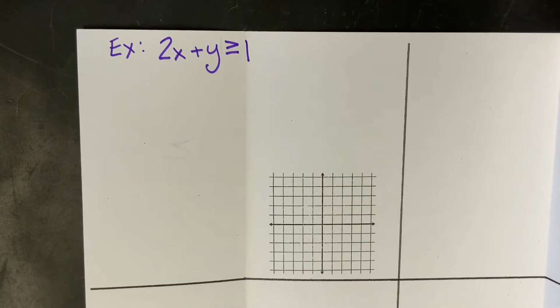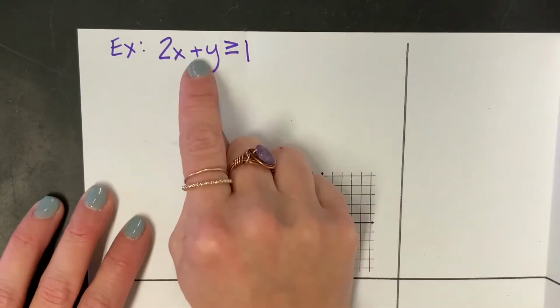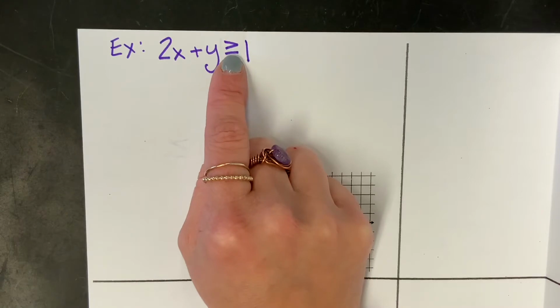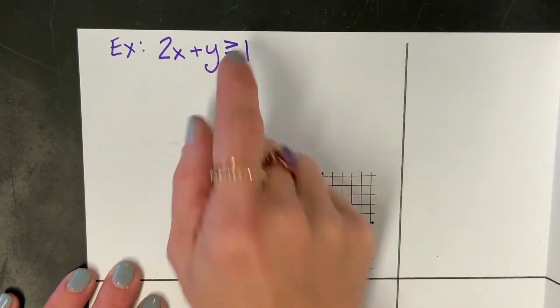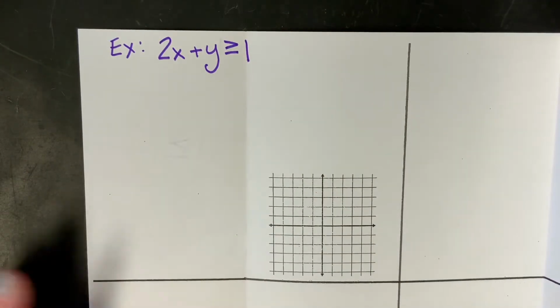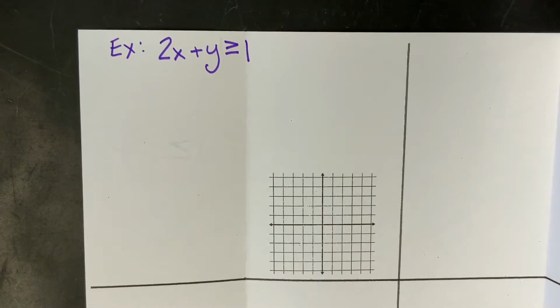You're going standard form. This is in standard form, ax plus by equals c, even though it's not an equal symbol. We can't graph it until it's in slope-intercept form, okay? So how do you get this in slope-intercept form?